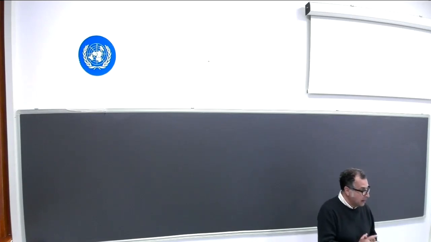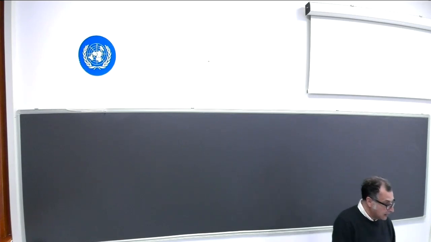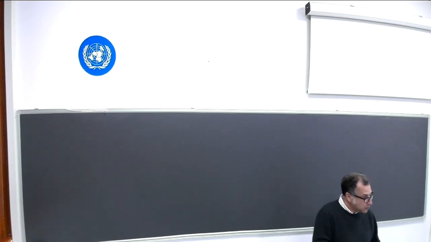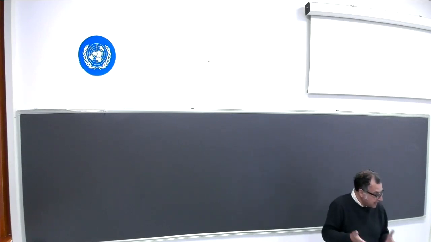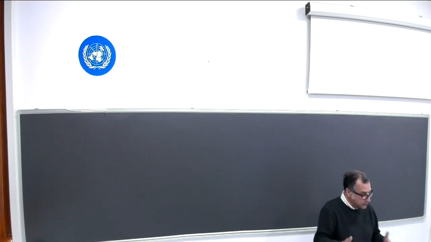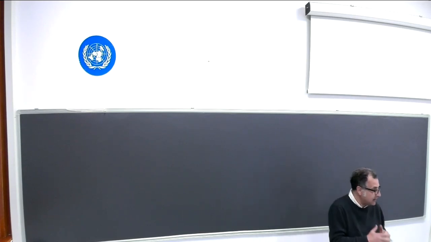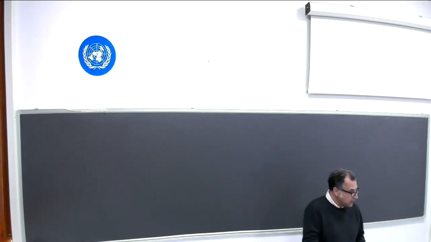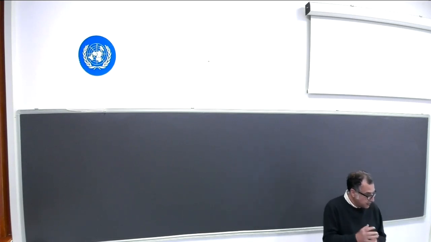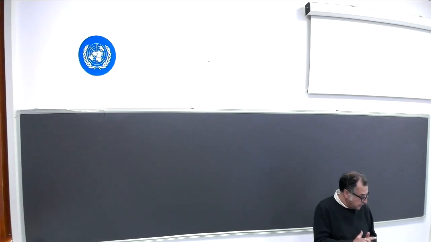Because the evolution, let me say it this way, we are not going to go into more details. If some of you are interested, I will be happy to discuss, but we can do it in the next lecture because first I would like to finish a few things.